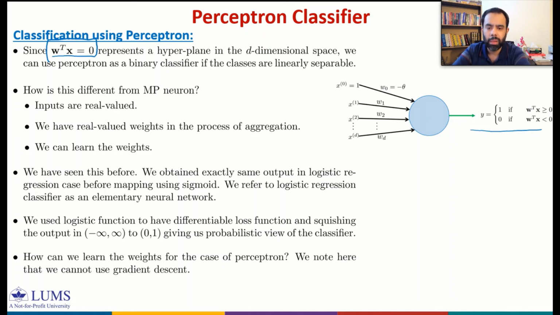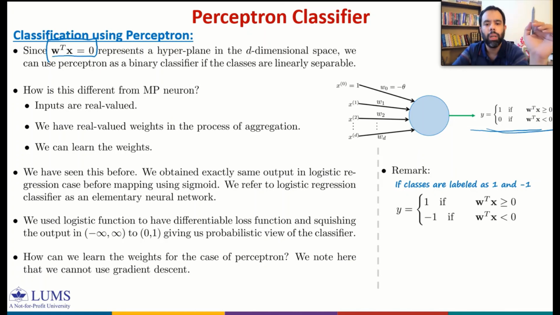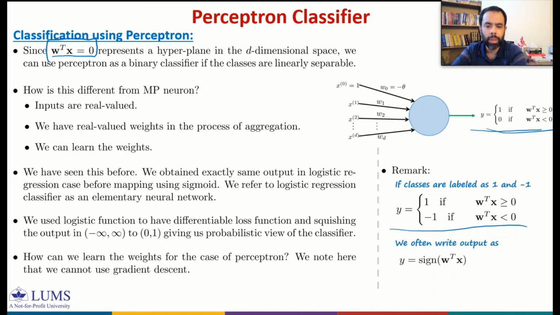Before we conclude, I would like to note one more point. If we label the classes as 1 and -1, only this decision would change. So if w transpose x is greater than 0, we get 1. If w transpose x is less than 0, we get -1. This can be compactly written in this form, if we use sign of w transpose x, right?